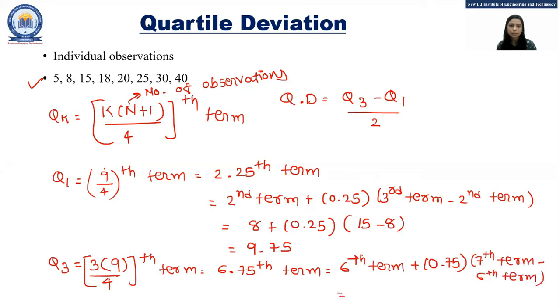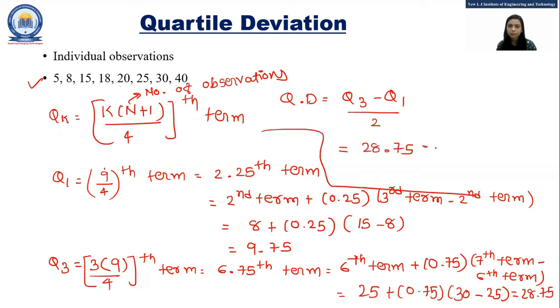So the answer is 25 plus 0.75 into (30 minus 25), which is 28.75. Now we put the values over here: 28.75 minus 9.75, whole over 2. So the answer is 9.5. This is the quartile deviation.